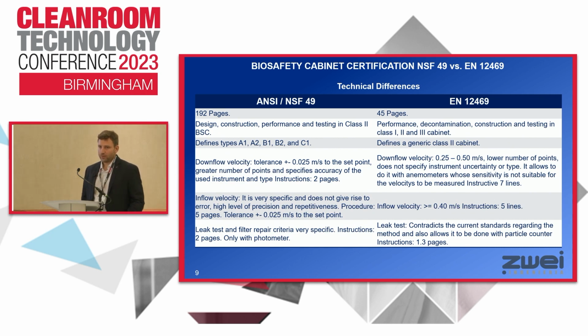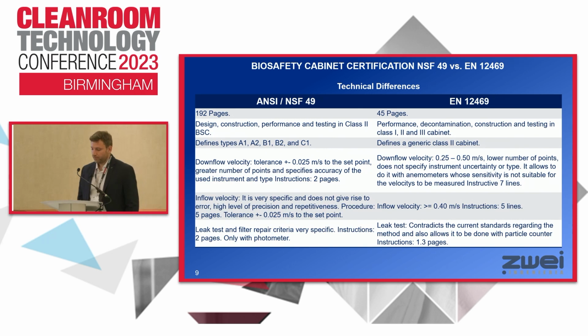Other types of anemometer are not allowed, with an accuracy of 0.015 meters per second. All the testing procedure is described in 2 pages. In order to guarantee uniform flow, you can never get a difference higher than 0.081 meters per second between the local point and the average. There are some exceptions when 25% of the average is higher than 0.081 meters per second.